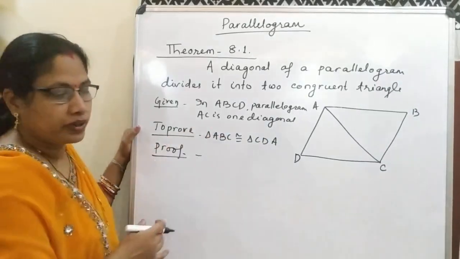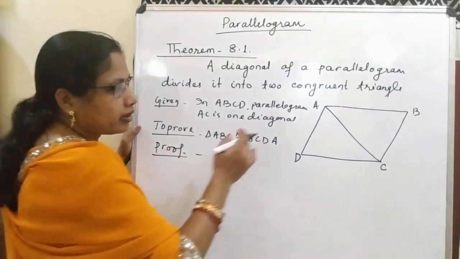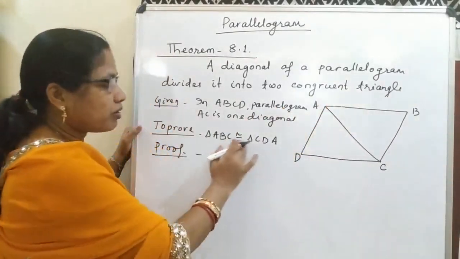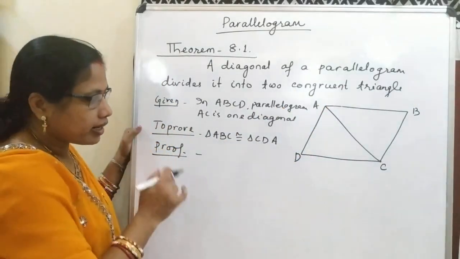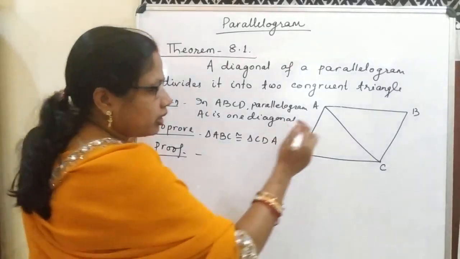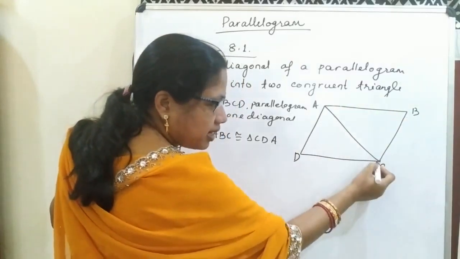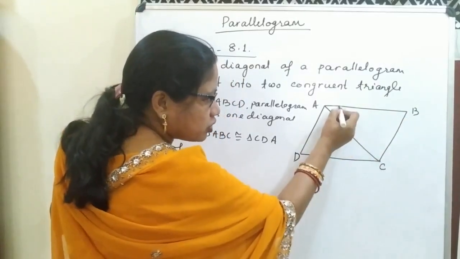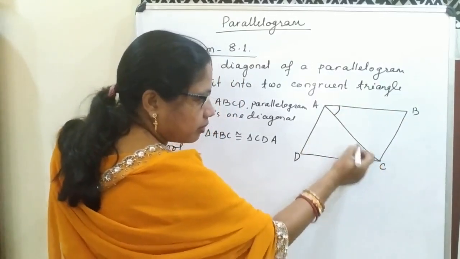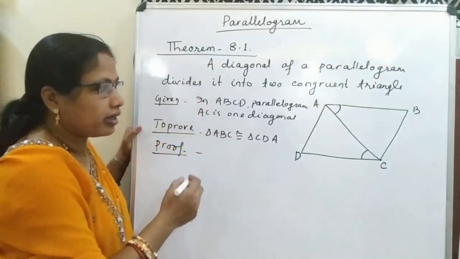We have to prove this by taking the equal parts of these two triangles. So what are the equal parts, you tell. Here AB is parallel to CD and AC is the transversal. So these two angles are equal because they are alternate angles.